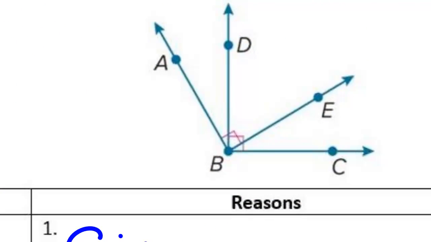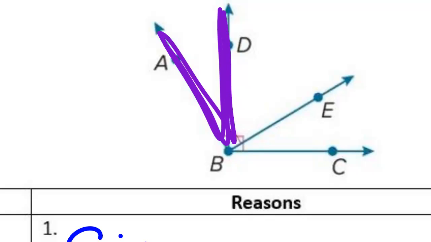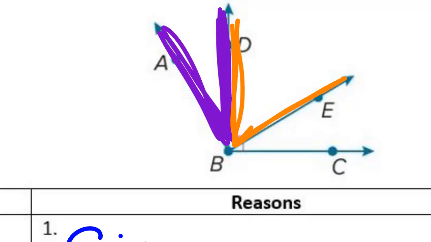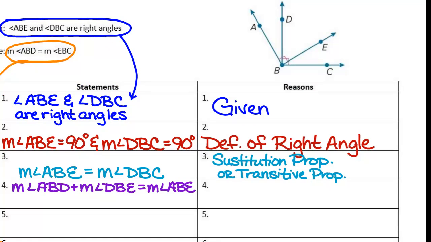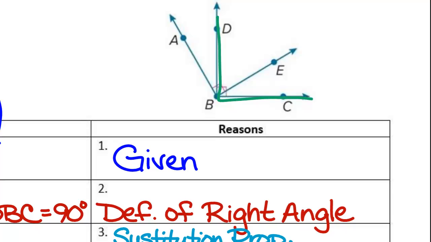So let me show you what we just wrote. ABD, this one right here, plus DBE, this one right here, gives us this angle. Can I make a similar statement about angle DBC? Yes.